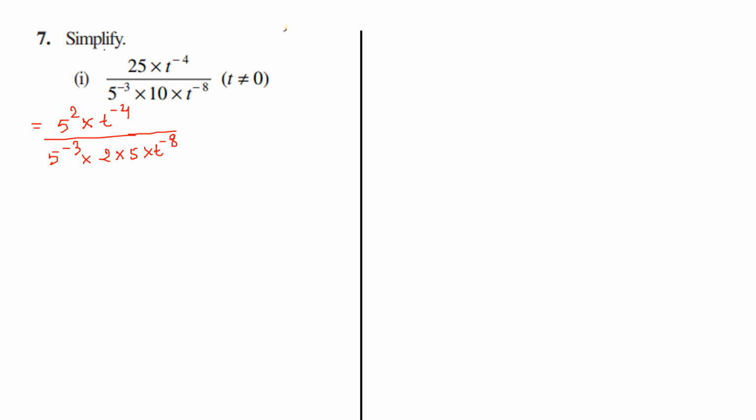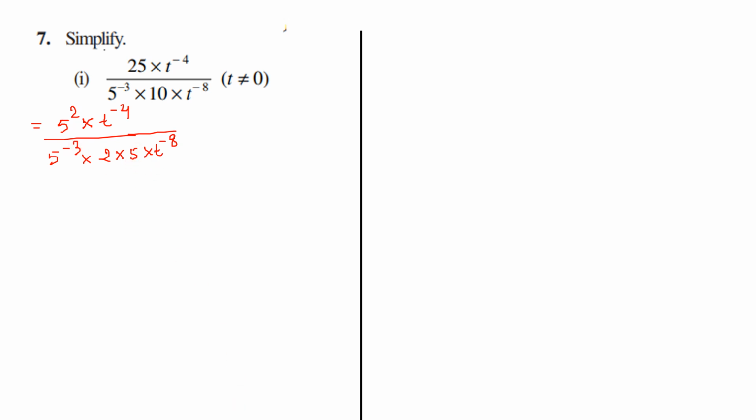So if you see here, t to the power minus 4 and t to the power minus 8. The base is the same in numerator and denominator, and minus 4 is greater than minus 8. So I can use the division law, and parallelly I can use the product law in the denominator, as 5 to the power minus 3 is here and 5 is here. Okay.